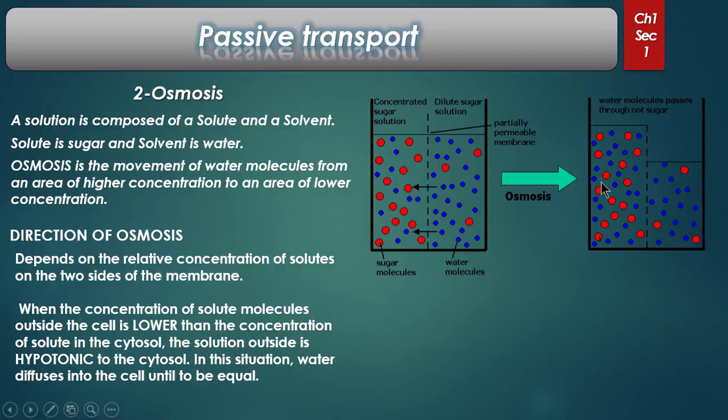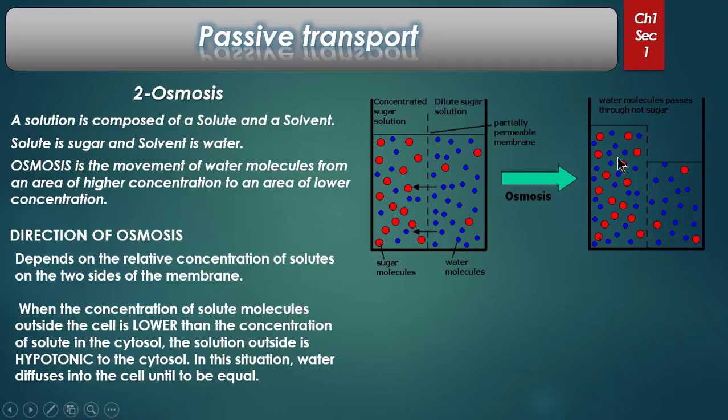So some molecules go to that side, but what is actually happening? Just think logically, which side has more chance to get to the other side? What do I mean? For example, this side. These molecules move randomly.